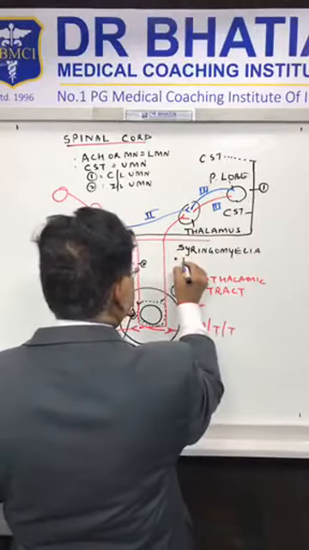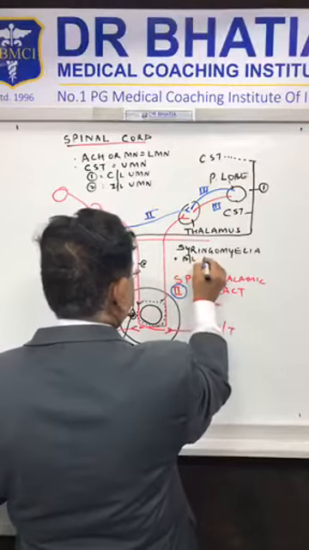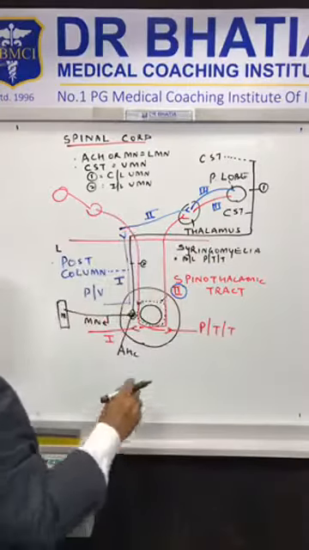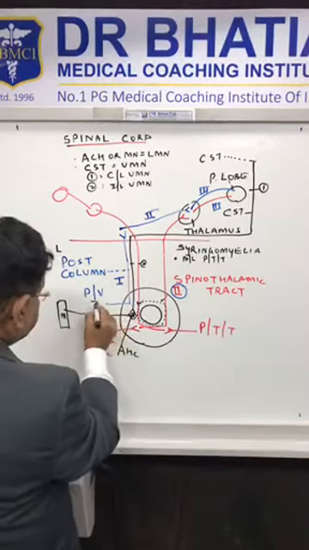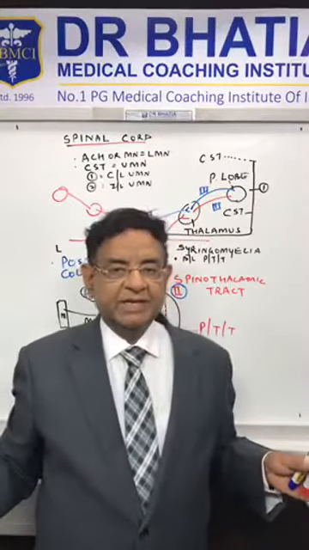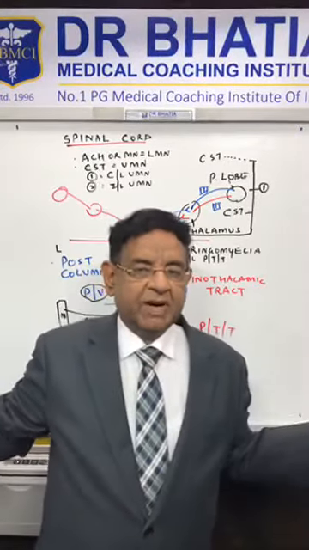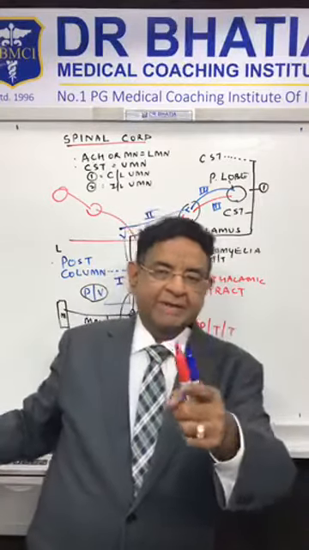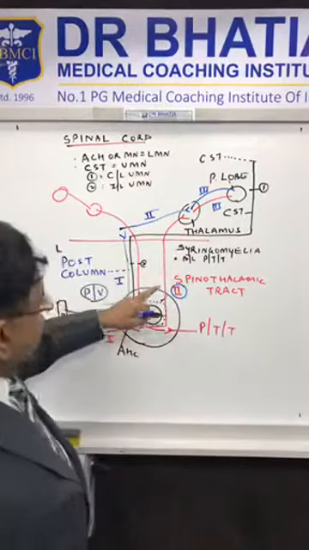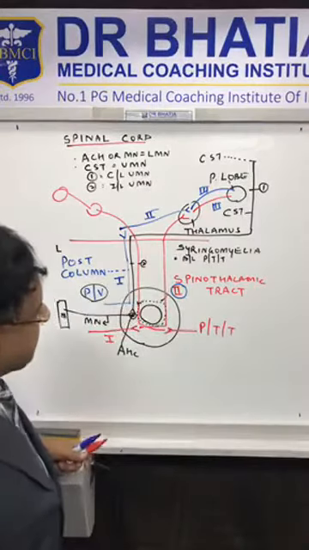Remember, the position and vibration sense fibers are lying very far away, in the peripheral part of the spinal cord. That's why position and vibration sense is not involved. So only bilateral loss of pain, touch and temperature.